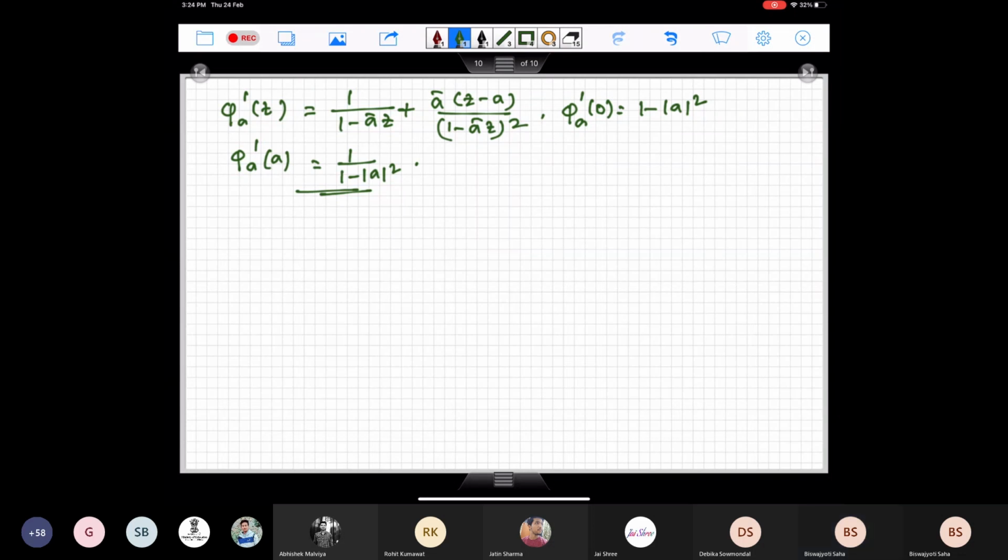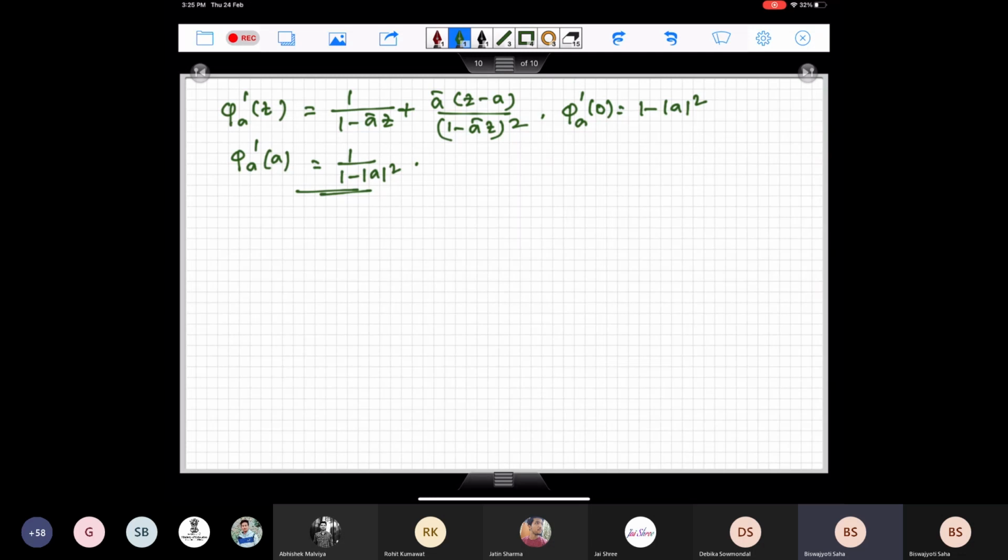Of course, phi a prime at 0 is less than 1 because mod a is strictly less than 1. So this quantity is positive but less than 1, and this quantity is therefore bigger than 1.